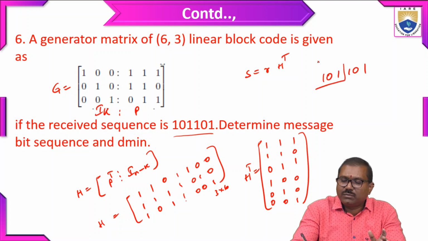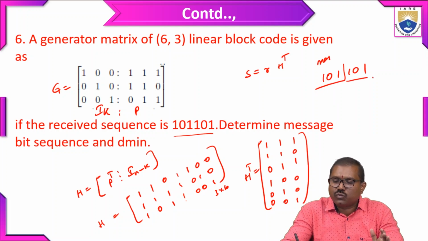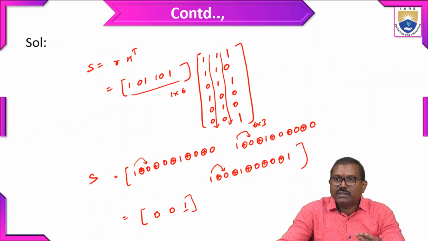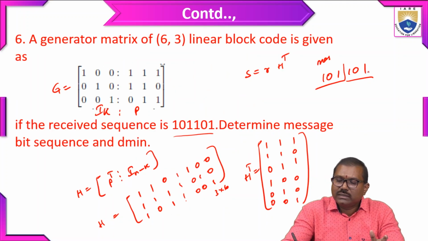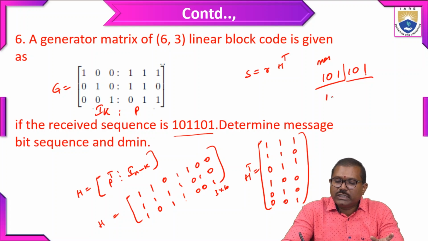So this is the message bits. So the errors are generated in parity bits only. Okay, so here we got the third bit. So this is the error, so simply we can convert this to 0.